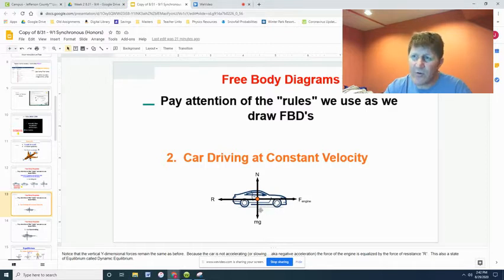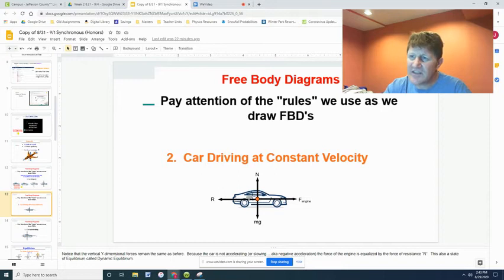So just like before, it's got weight, and that's the downward force. The ground is pushing up on it with the same force as the downward force. So the normal force, that upward force, is equal to its weight. But now the engine is pushing the car forward, right? So it is driving down the road. But as it's going down the road, there's friction between the air and the tires that causes a resistive force.